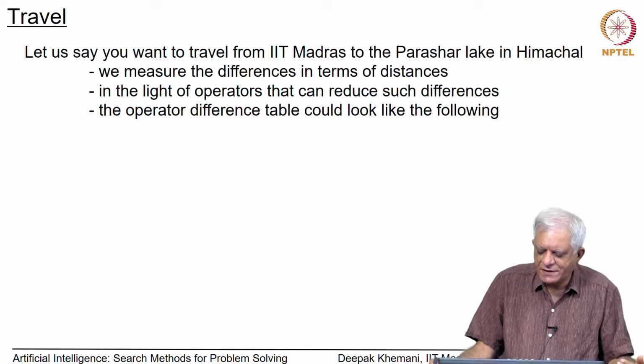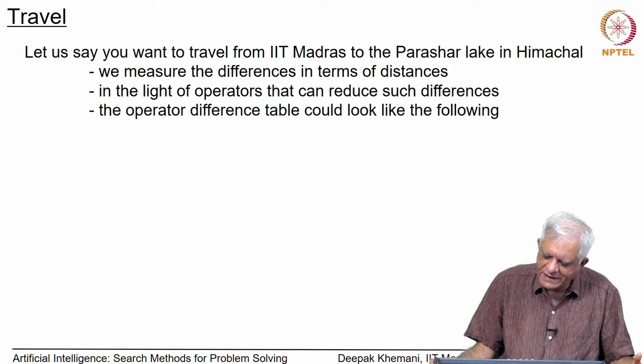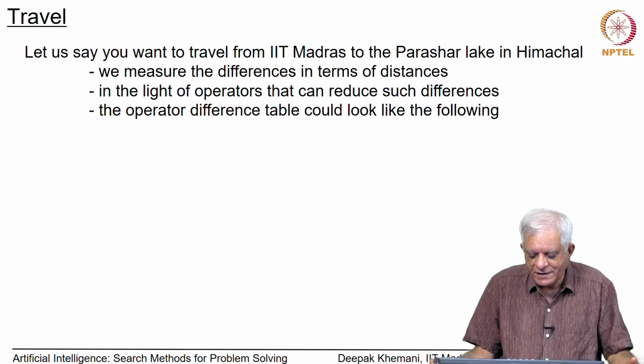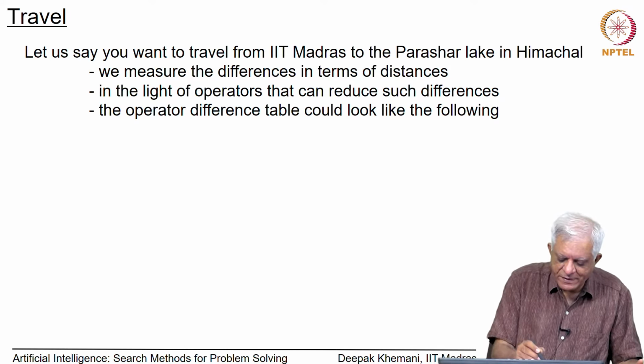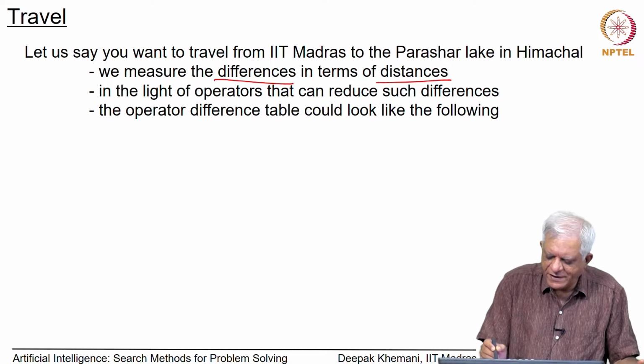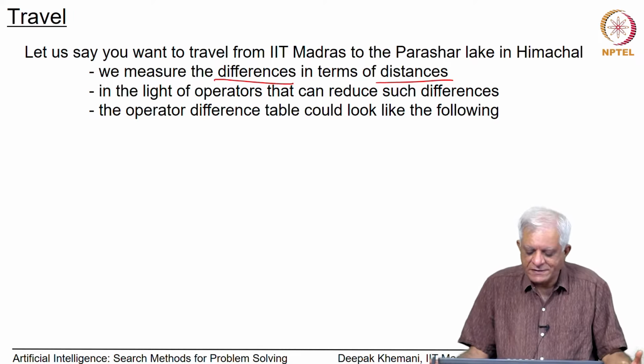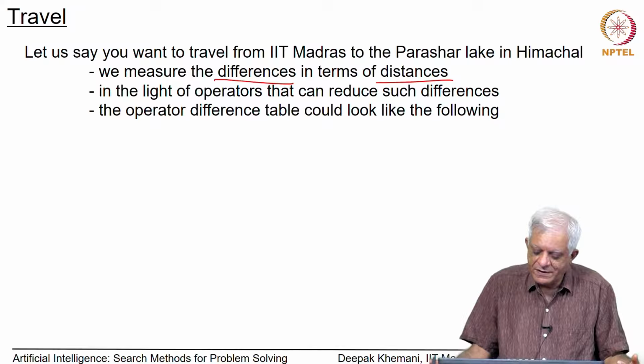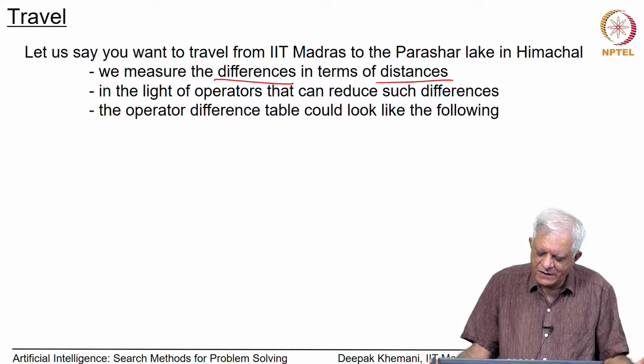In this particular problem, which is a geographical travel plan problem, the differences can be measured in terms of distances. So, it is easy to characterize what are largest differences and how they can be solved.